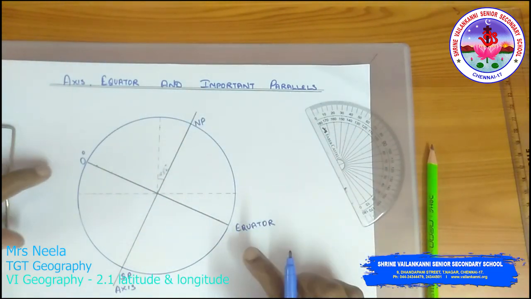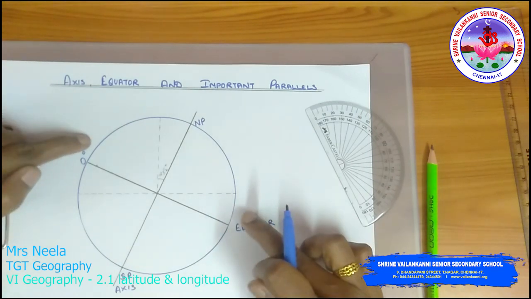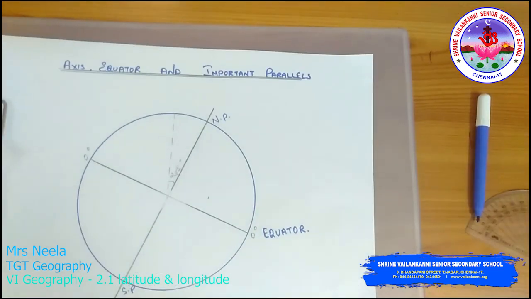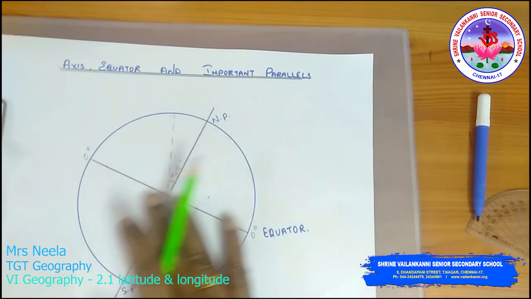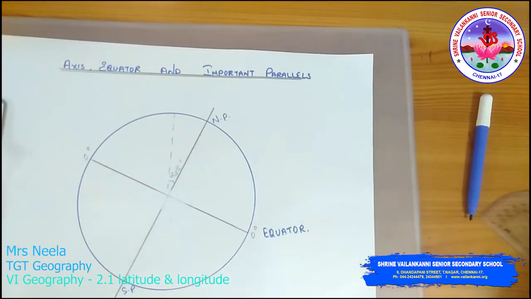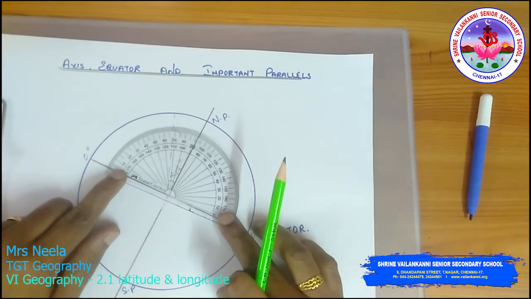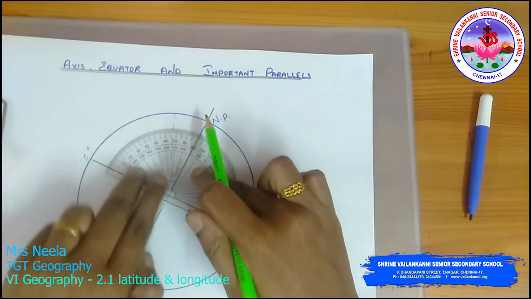Now with the marking done here, we are going to mark the other important parallels. After drawing the line equator, I erased this imaginary line in order to avoid the confusion. Now having this equator as the base, keep the protractor exactly the 90 degree facing the North Pole.